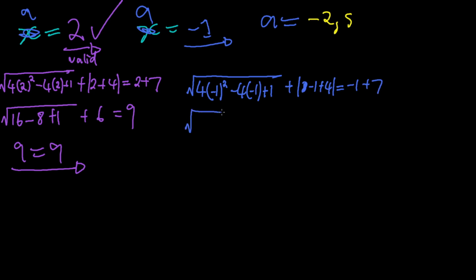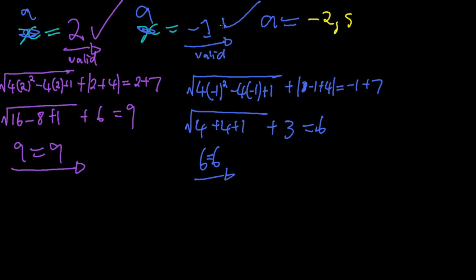So this ends up being 4 times 1, which is 4, plus 4, plus 1, plus this would be 3, and the absolute value of 3 is 3, is equal to 6. And then 4 plus 4 is 8, plus 1 is 9, square root 9 is 3, 3 plus 3 is 6, then 6 is equal to 6, which means that this is valid. So we have two answers.